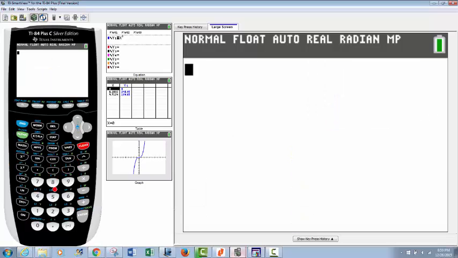Let's say I pick something with a non-radical answer, -8 raised to 4/3. On a more normal TI-84, you would use the caret sign and then put 4/3 in parentheses.